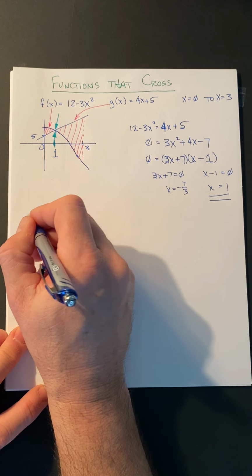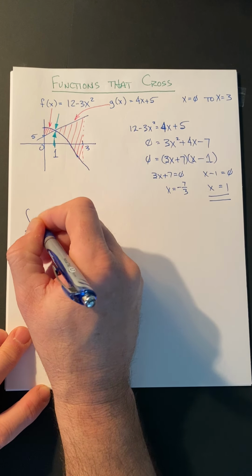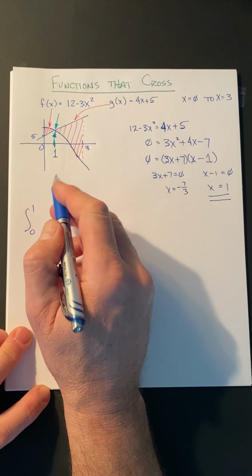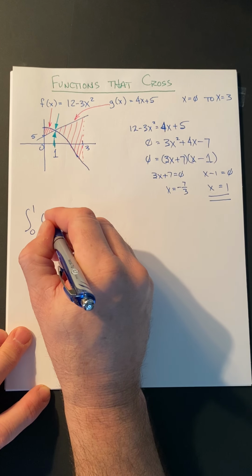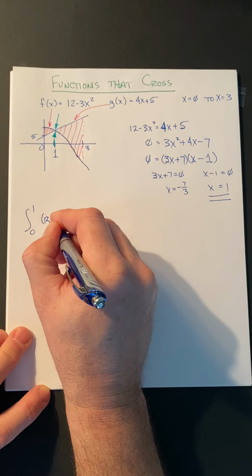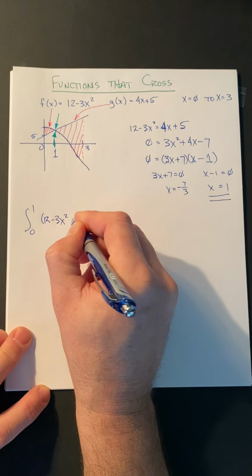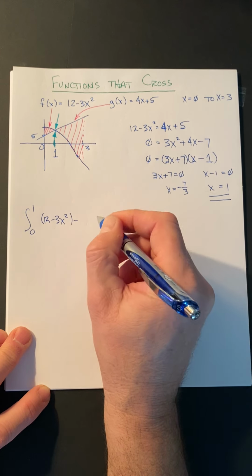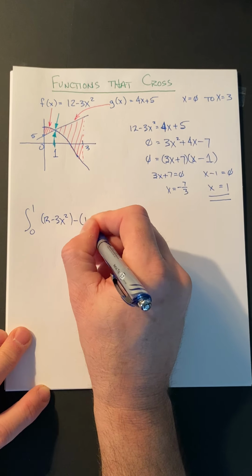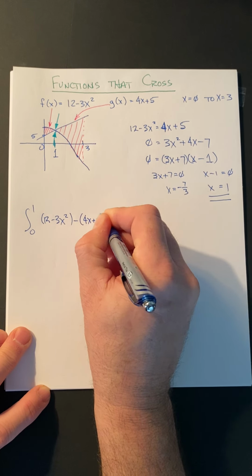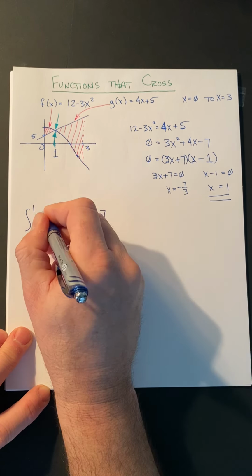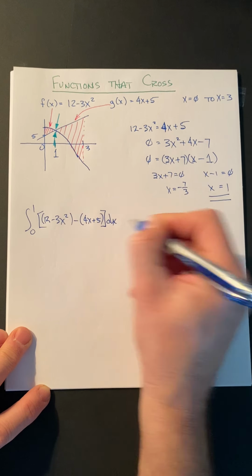So I'm going to integrate from 0 to 1, my f of x, 12 minus 3x squared, minus my g of x, which is 4x plus 5, right?